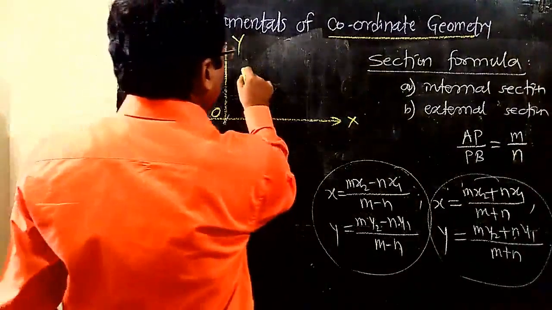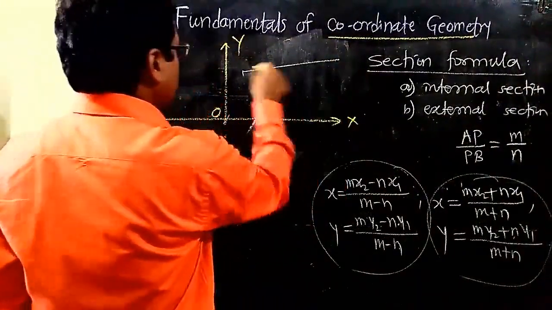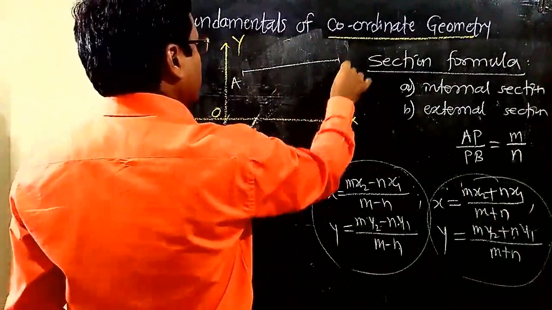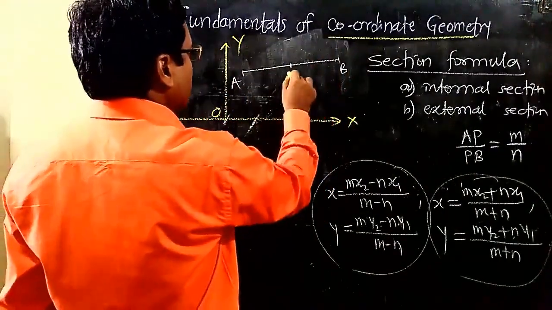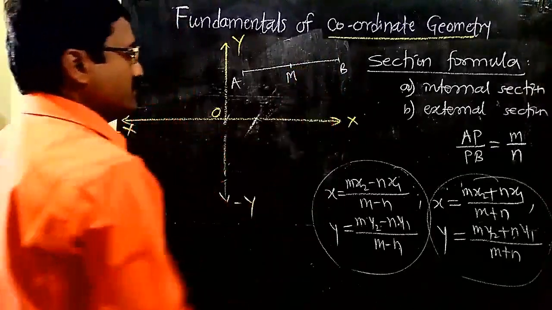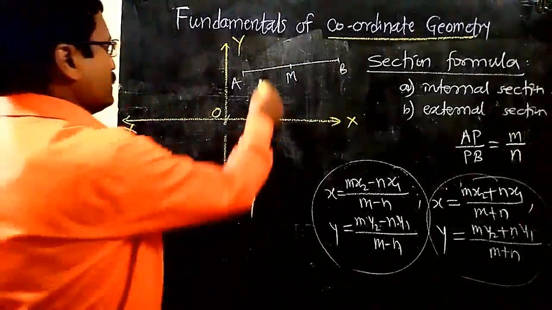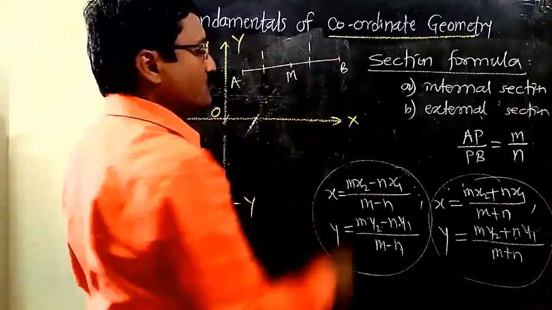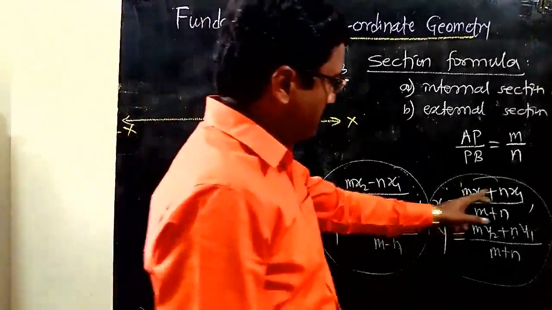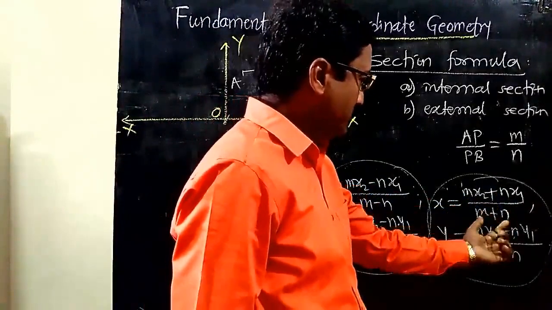Suppose segment AB is like this, and a certain point divides segment AB internally and that point is the midpoint of that segment, which means it divides segment AB in the same ratio, that is 1 is to 1. Then we put the values of m and n as 1 and 1.